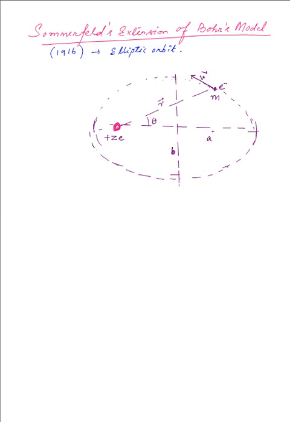For the counterclockwise movement, we can have two rectangular components of that velocity: one normal to the elliptical path, that is r theta dot, which is r omega, and then the radial component, which is r dot, acting towards the nucleus.